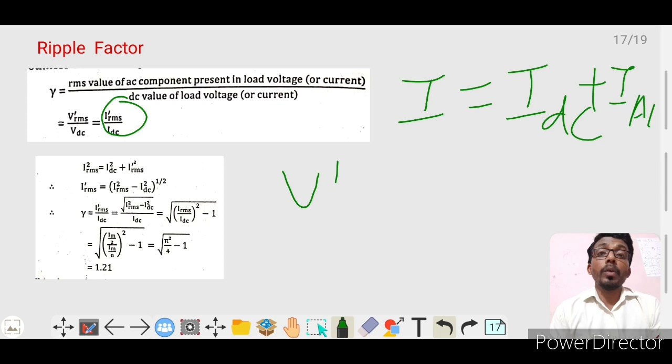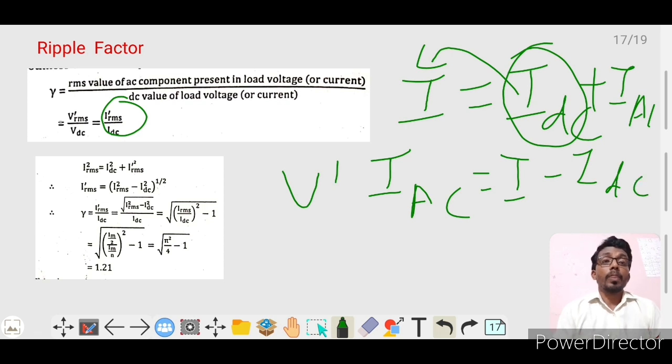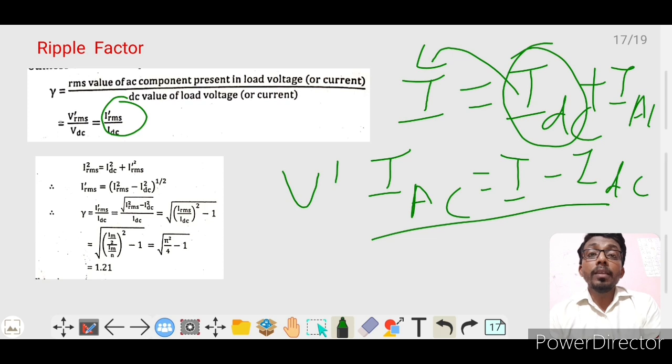So in order to find only the I AC component, we subtract the DC component from this, I minus I_DC.